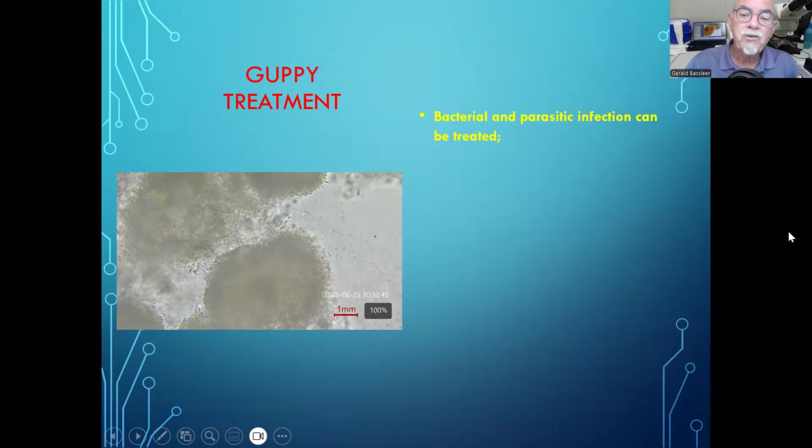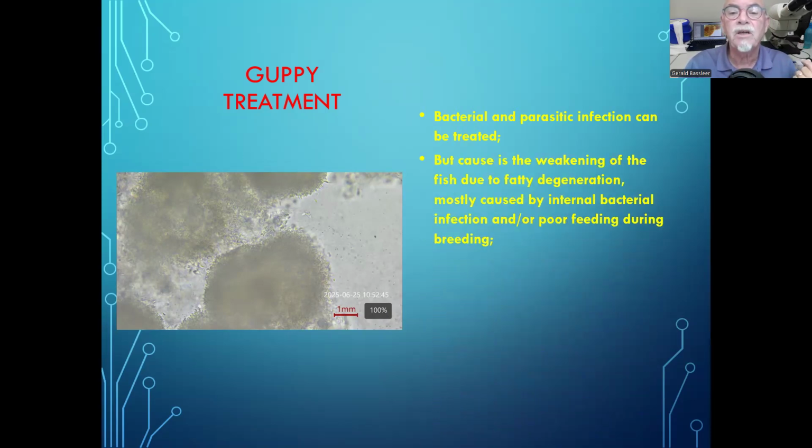So, bacteria and parasites, we found them and they can be treated. So check with your fish doctor or veterinarian. But the cause could be the weakening of the fish due to the fatty degeneration. And the fatty degeneration is mostly caused by internal bacterial infection and or poor feeding during breeding.